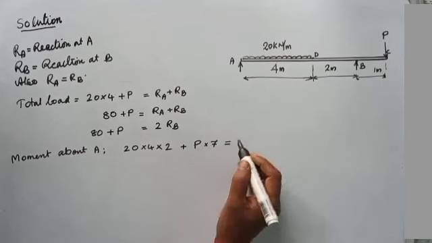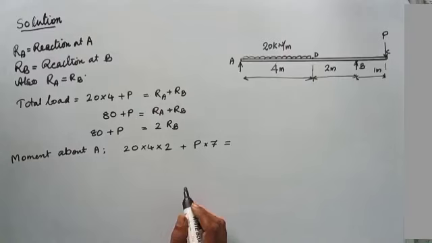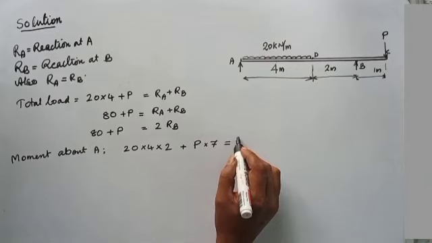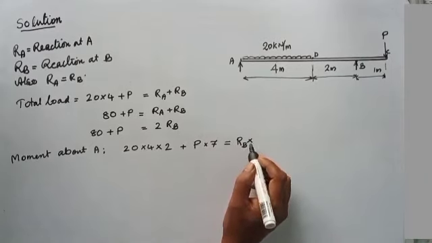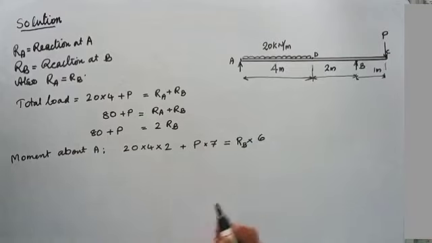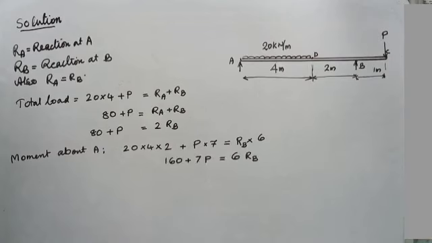That will be equal to anti-clockwise moment. That is reaction at B into distance between A and B. That is 6. Now we can simplify this. We get 160 plus 7P equals 6 RB.